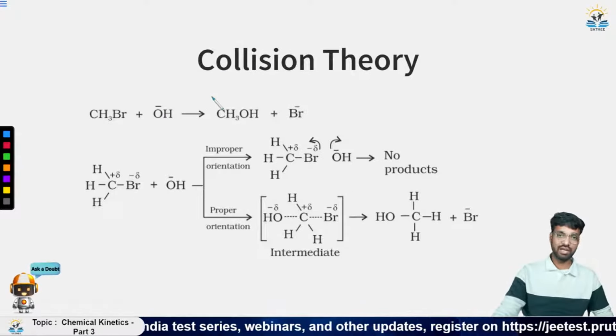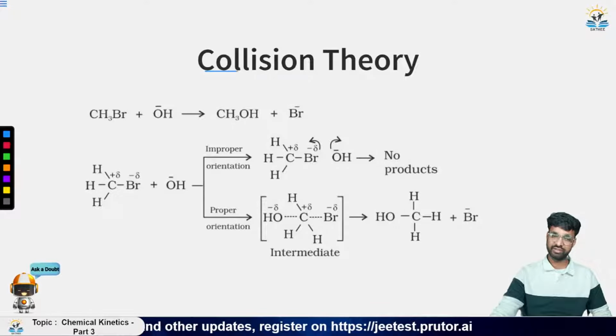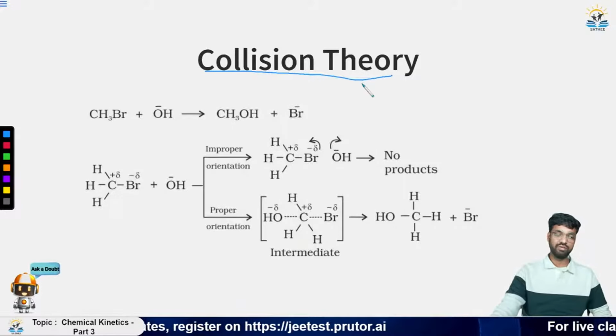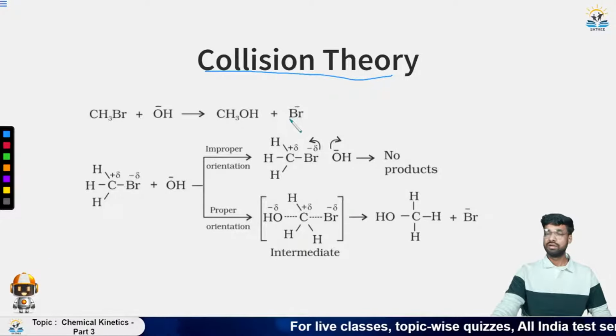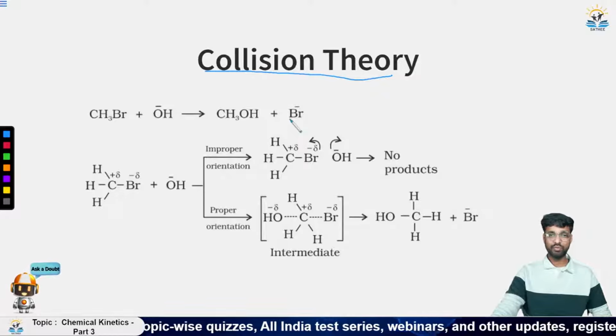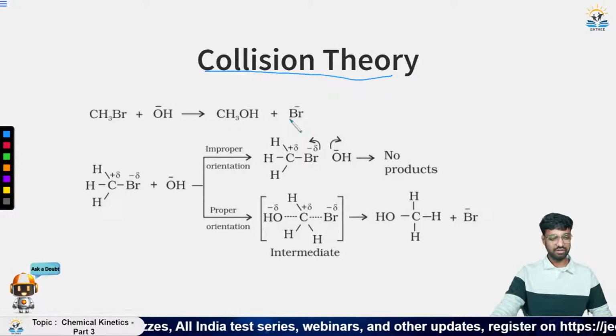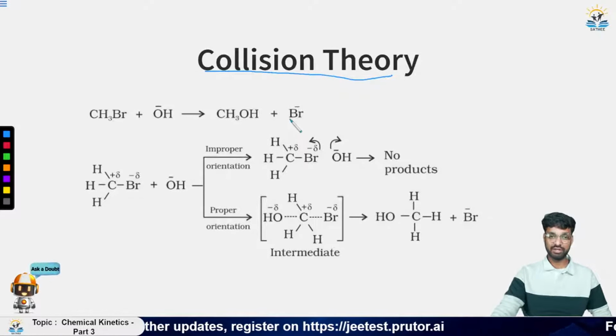Now let us move to the last theory. We have studied two theories regarding reaction rate. The first one was Arrhenius, in which he defines the temperature dependence and also says that there is a formation of an activated complex during the reaction. But in the collision theory, some more points were included, which say that only having enough energy is not sufficient for a reaction to occur.